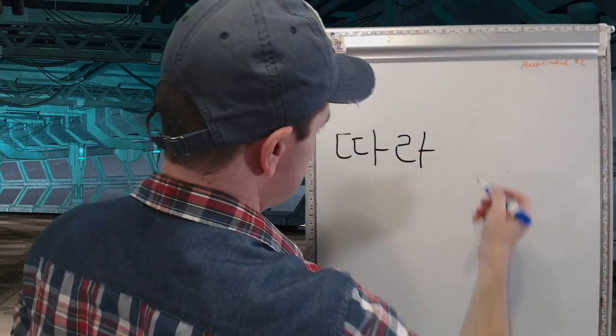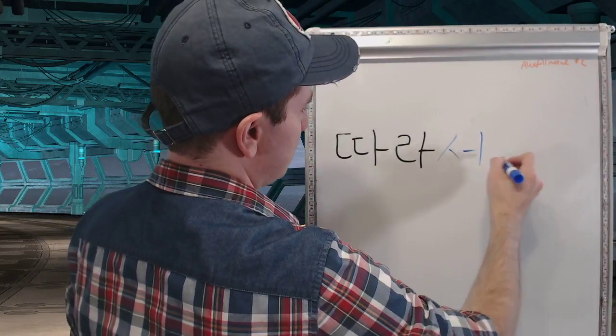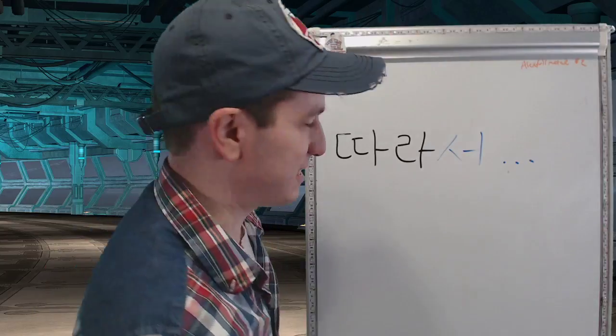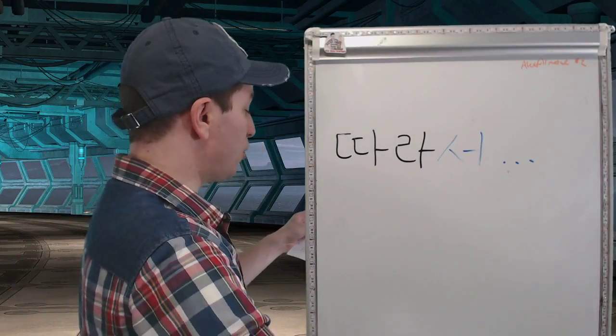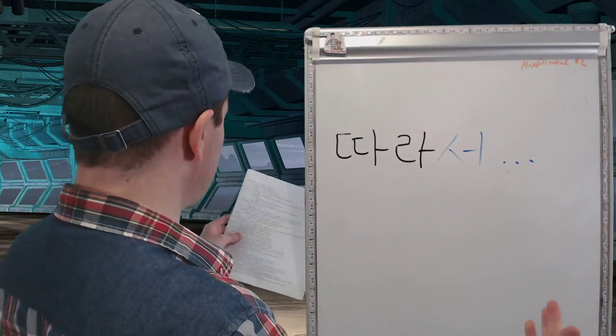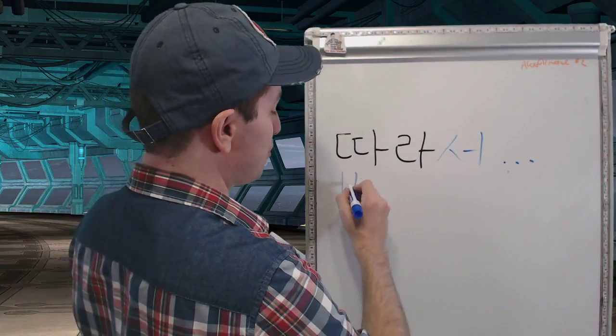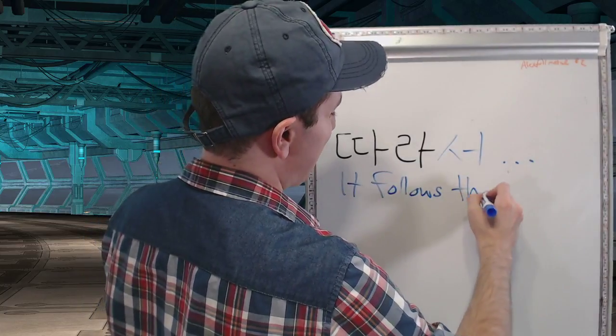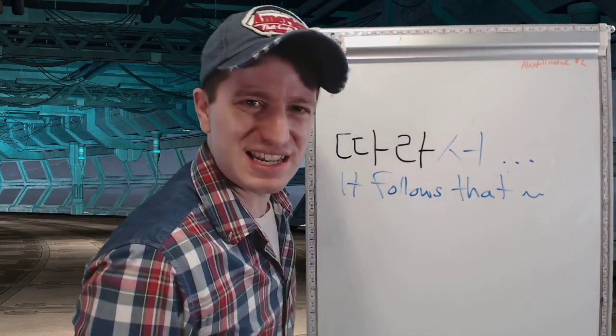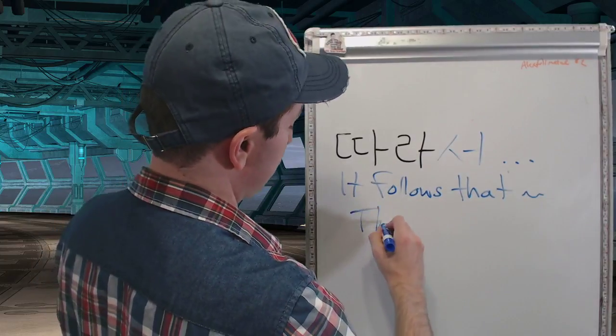In fact, you would just see 따라서 and then some sentence. And what this means also is literally following, or it follows that. And what you get is a kind of formal sounding written expression for saying therefore.